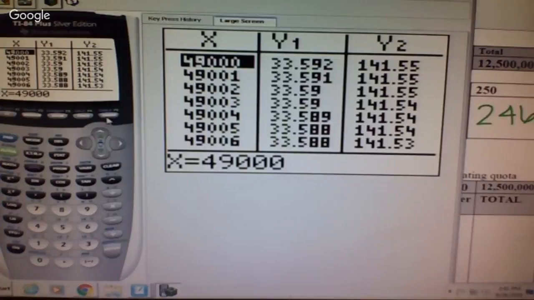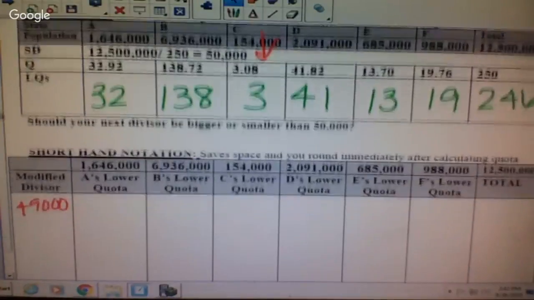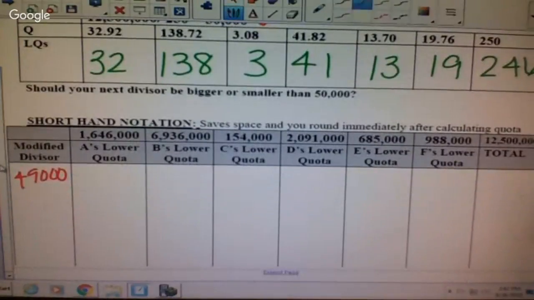You don't even care about the decimals anymore. So I need somebody to scroll through and give me all of those lower quotas for me to add here. 33, 141, 33, 3, 42, 13, and 20. So somebody needs to give me a total now.